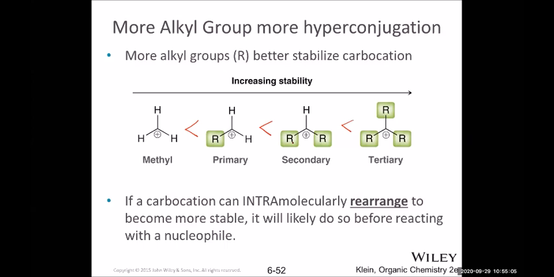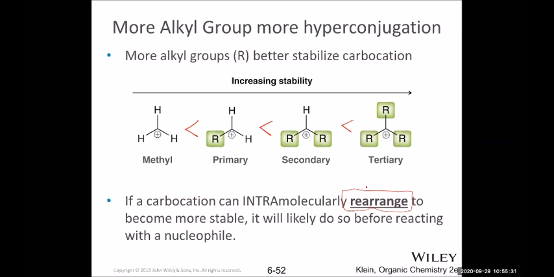The carbocation stability difference can cause something interesting in organic chemical reactions. We call it rearrangement. Rearrangement is one of my favorite reactions in organic chemistry. In rearrangement, an alkyl group, sometimes a hydrogen, shifts location from one carbon to another.